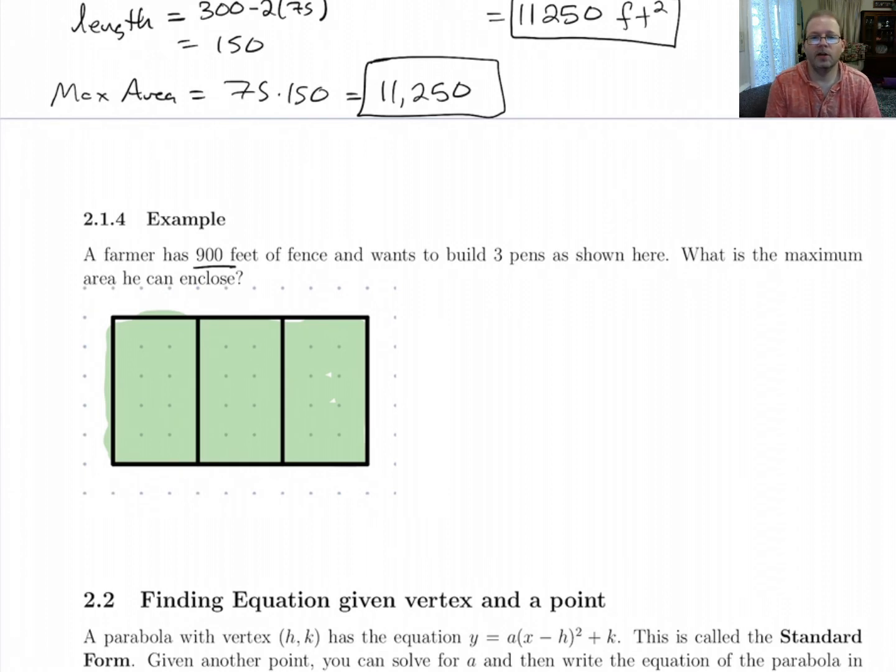So here's what we want to do. We've got these 2 pieces of fence that are one length, and then we've got these 4 pieces that are this other length. So these 4, I'm going to let each one of those be x.